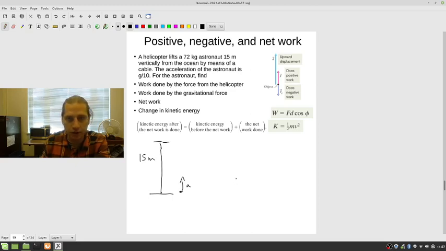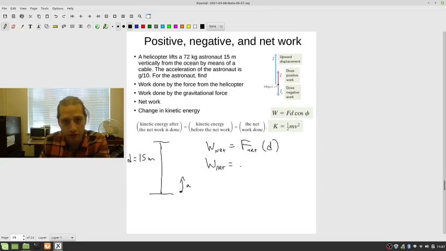That would be fine. On the other hand, we can also do this in terms of kinetic energy changing, and our net work is just going to be whatever our net force is times our distance. So this is our displacement. We go up 15 meters. Our net force is also in that direction. How could we find our net force?